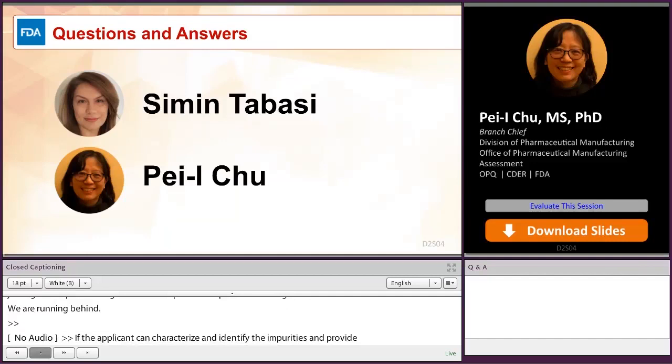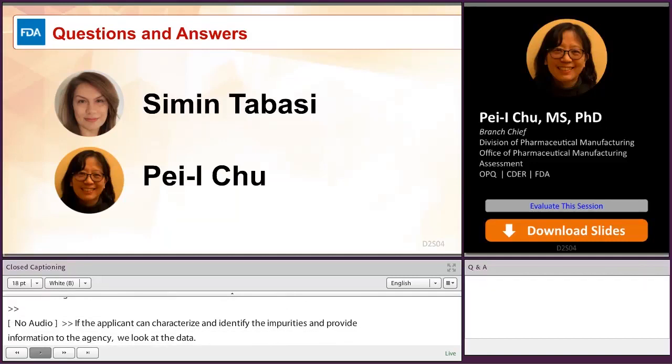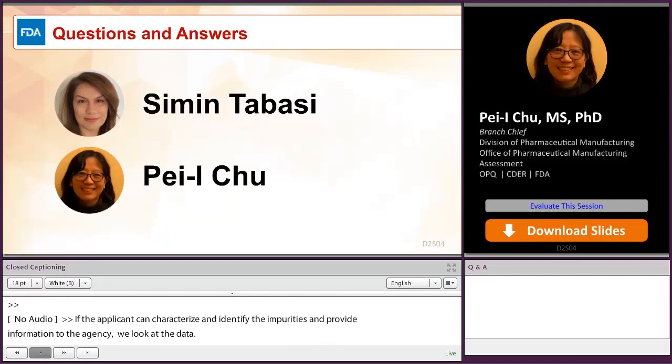Another question for you. Do companies need to complete accelerated stability studies if the product fails specification before the last scheduled time point?